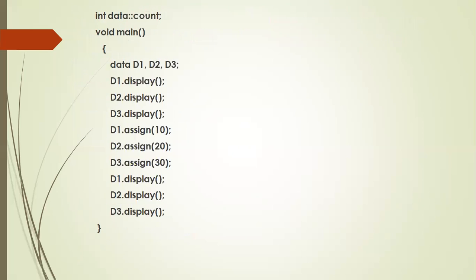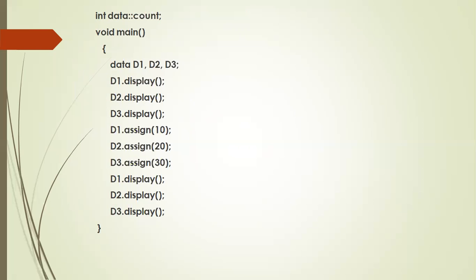Data type: what's the data type of the static data member? Int. To which class does it belong? It belongs to the class called Data. Scope resolution operator. Then the static data member name, count. So this is the general syntax of defining a static data member outside the class: data type, class name, scope resolution operator, and the static data member name.